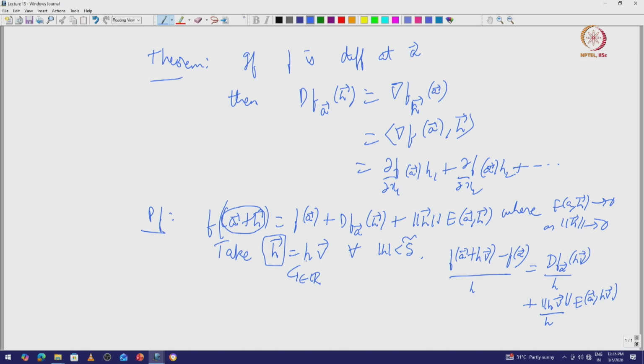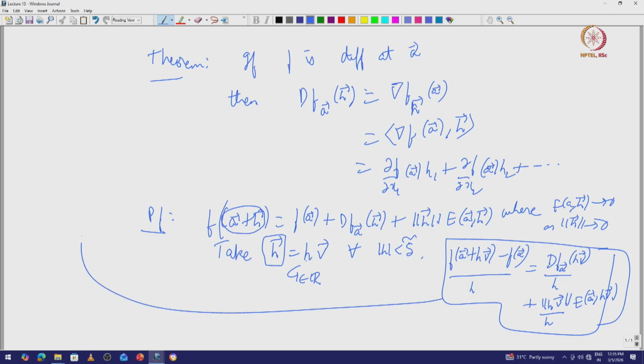Well, what is this equal to? The right hand side, by linearity, the h pulls out, so it's simply this plus mod h by h times the norm of v times e of a comma this.